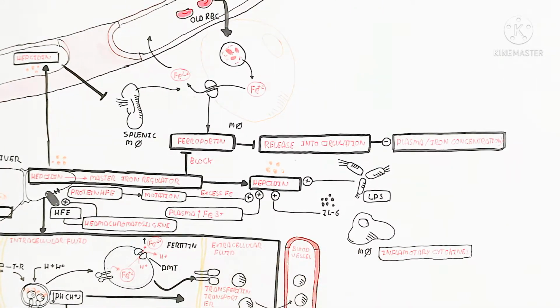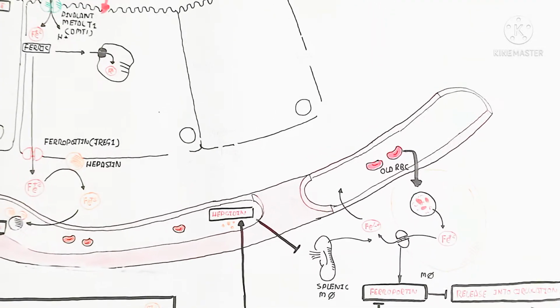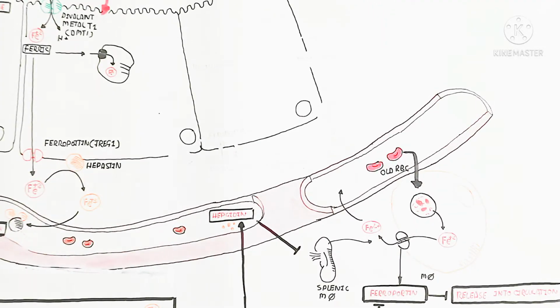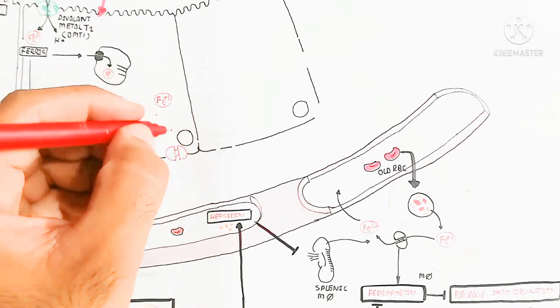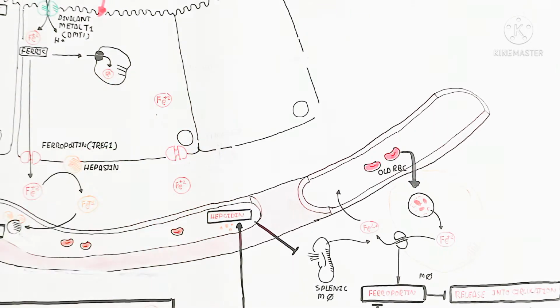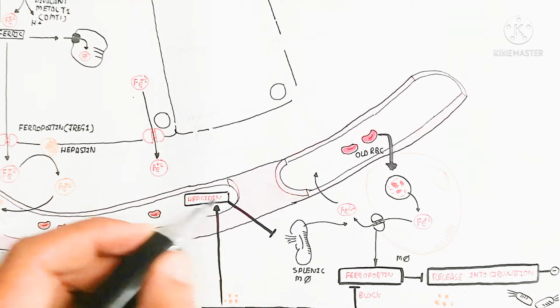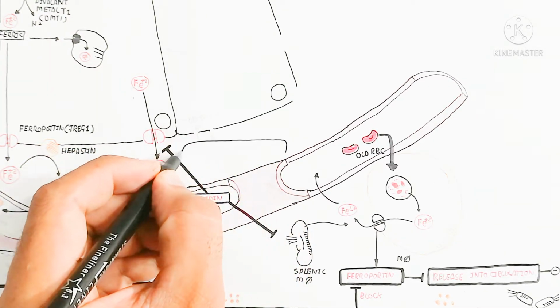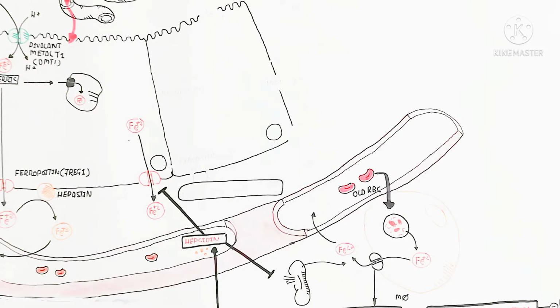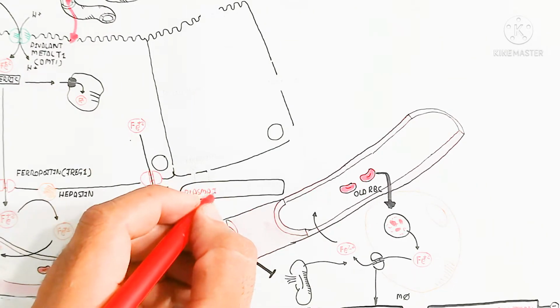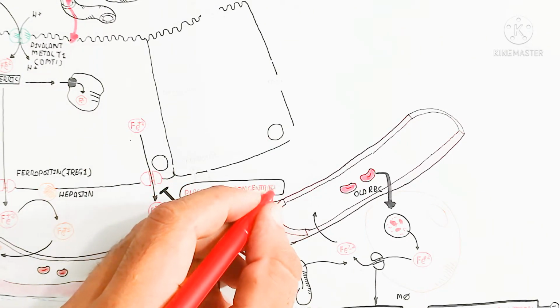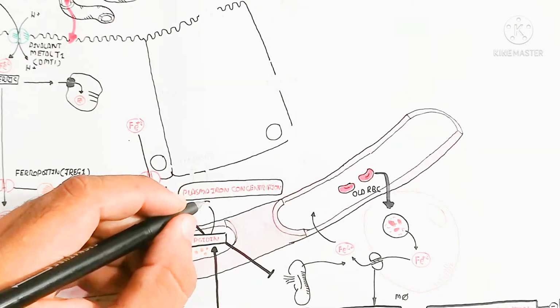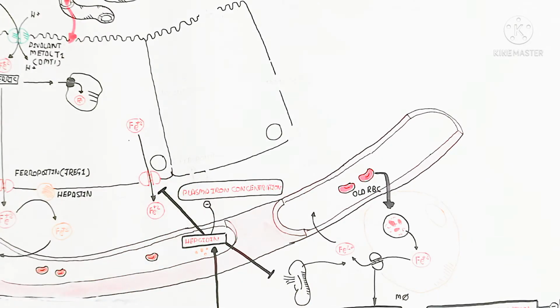So on the other hand, the plasma iron concentration will be decreased, and the lipopolysaccharide, which the bacteria produce, also stimulates the hepcidin to increase, to decrease the iron. So here it also inhibits the ferroportin receptor, basically the IREG1 receptor.